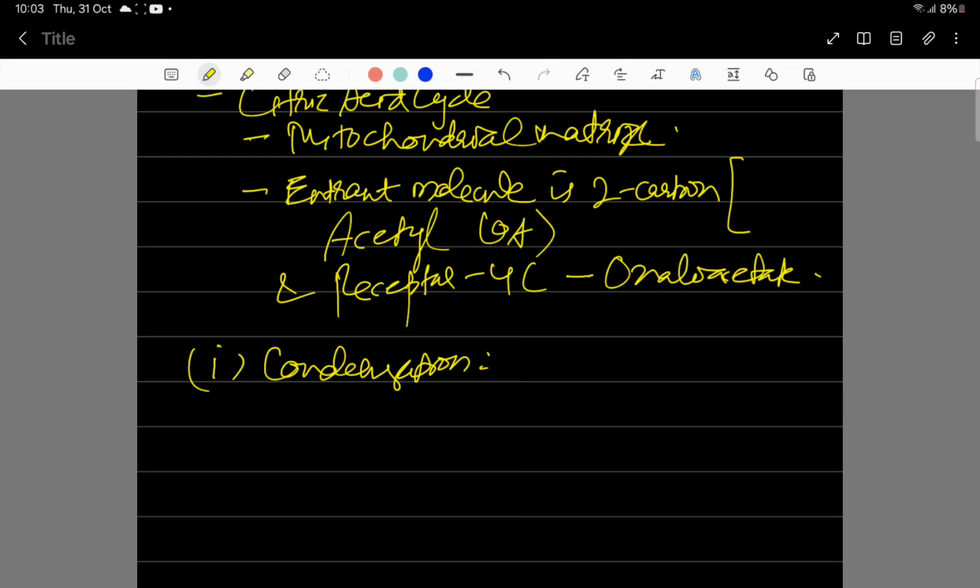The high energy bond of acetyl coenzyme A provides energy for this reaction, and this reaction is catalyzed by citrate synthetase enzyme.